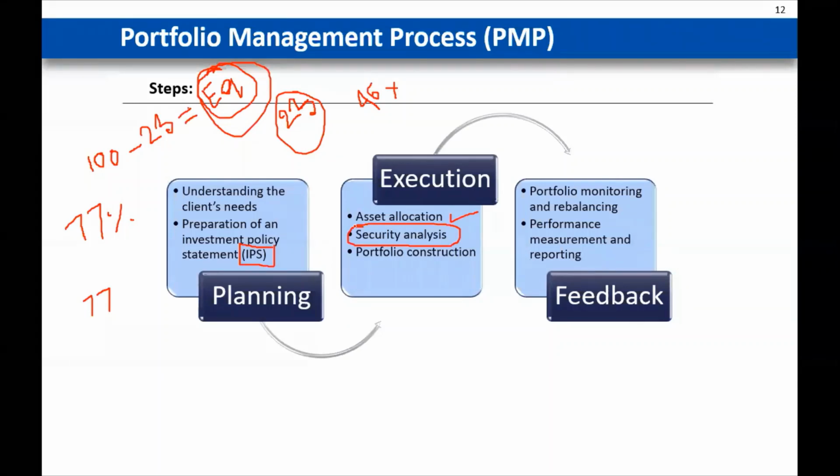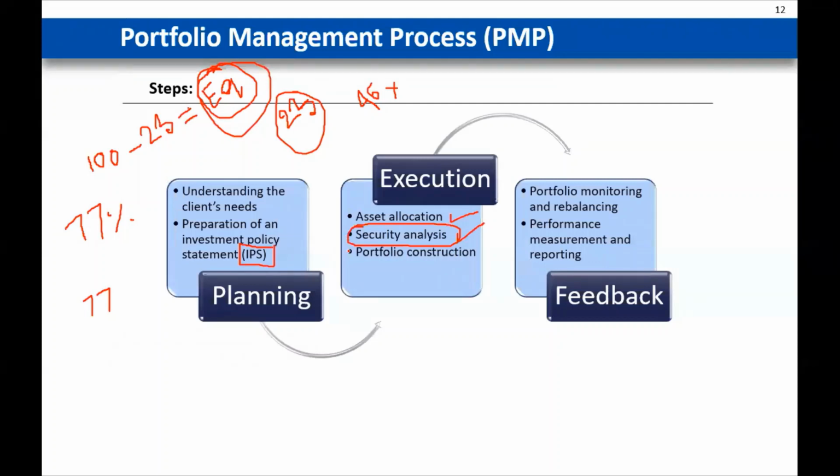Is it Grameenphone, or is it Olympic Industries? You need to analyze. And I'm very confident that you learned it very well in your investment analysis and financial statement analysis and valuation courses, how to analyze securities and how to pick a security out of 300 or 500 securities.